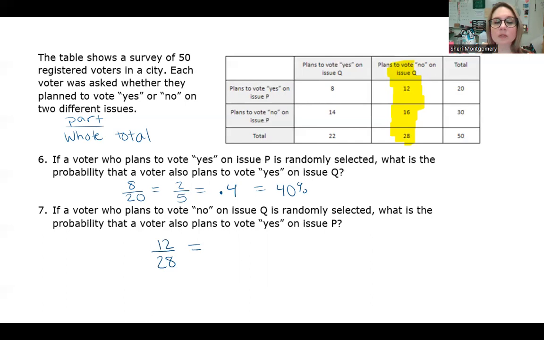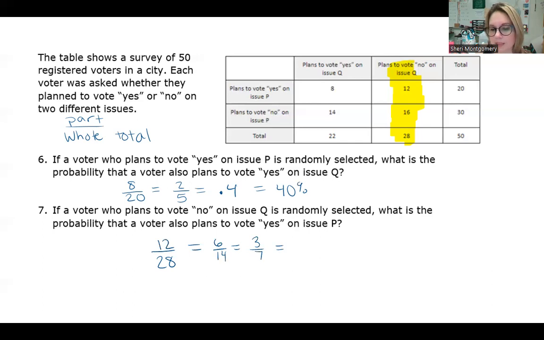They're both even numbers. So 12 divided by 2 is 6. What's 28 divided by 2? 14. So I think we can reduce it again. 6 divided by 2 is 3 and 14 divided by 2 is 7. Okay, so that's one way that you can reduce things.